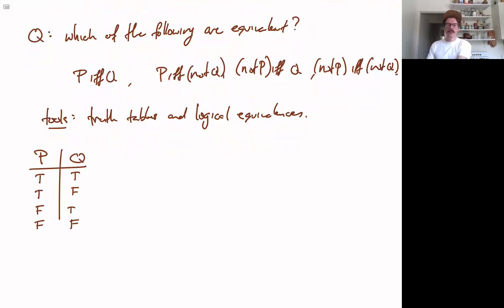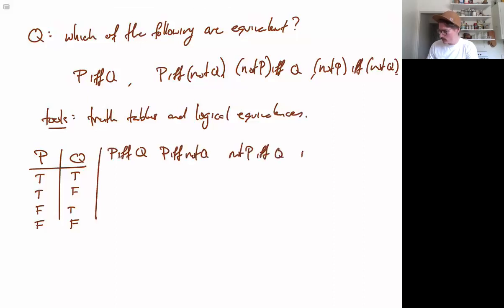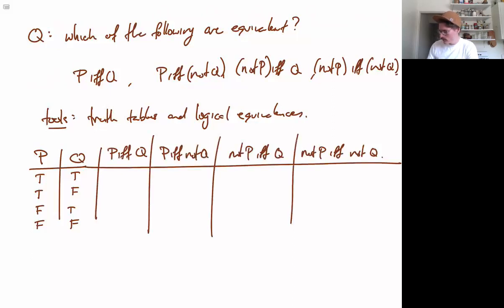And then we just expand our truth table with all of the rest of the propositions that we're interested in knowing about. And let's see how long it takes to fill this in, but let's take a start.